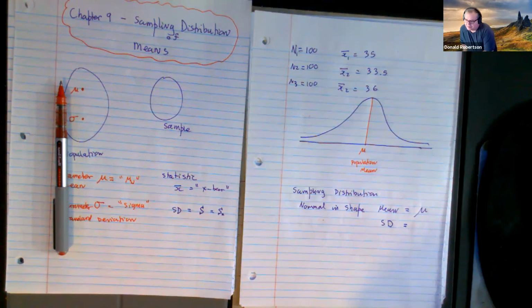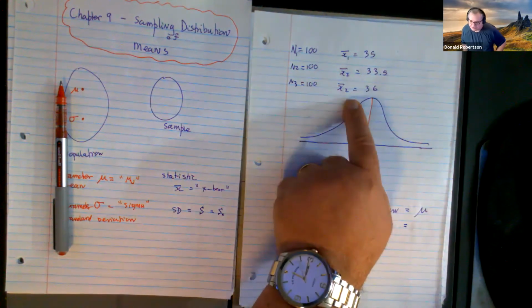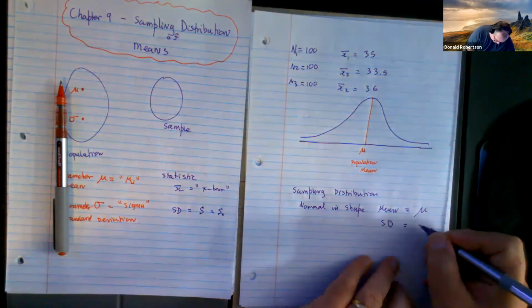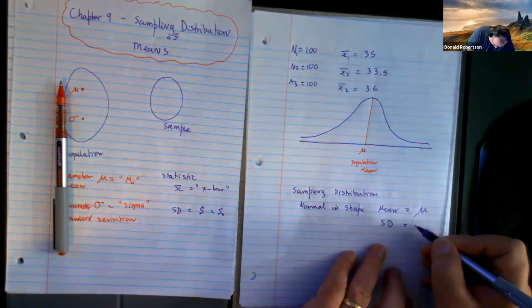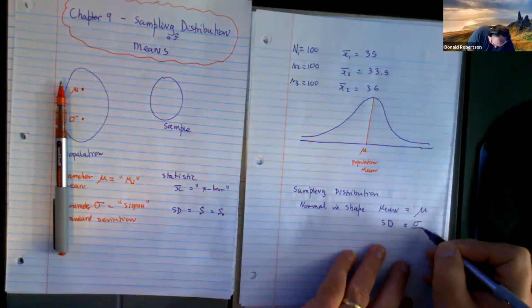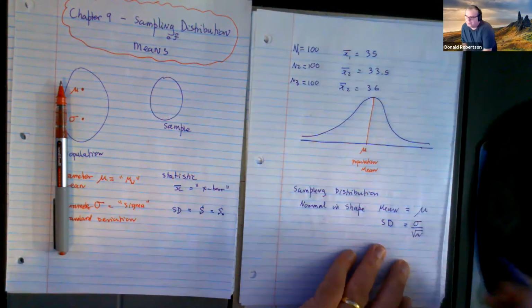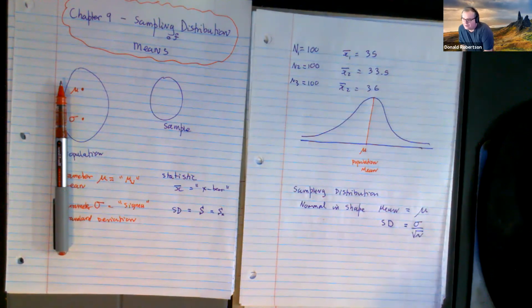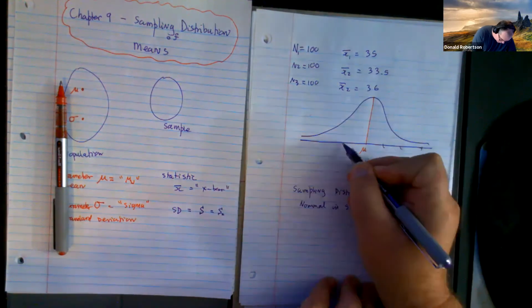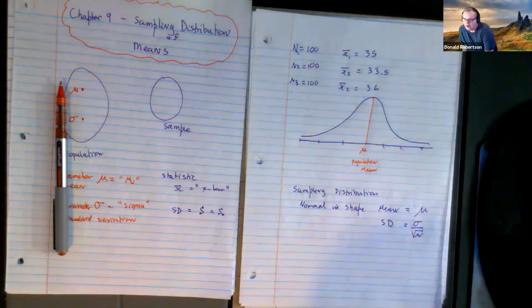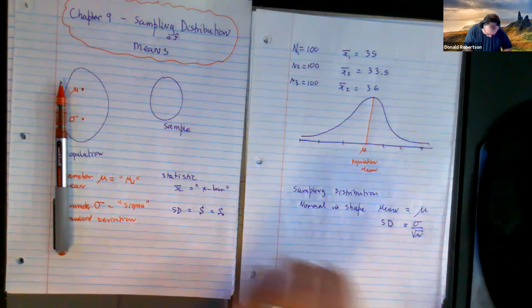You remember that ugly, weird guy, the square root of p(1 minus p) over n? There is a formula for these too. The sampling distribution has a standard deviation of sigma divided by the square root of n. So can you imagine going 1, 2, 3 standard deviations, 1, 2, 3 standard deviations? That would be the typical spread of a sample like this.